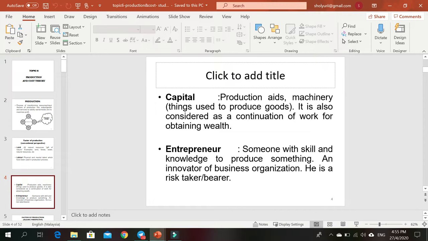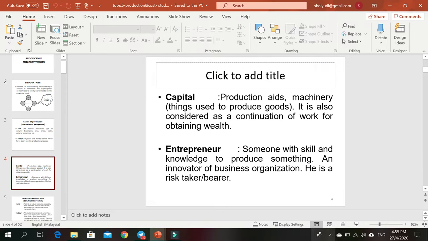Okay, and then last sekali we need to have entrepreneur, somebody who know precisely how to produce goreng pisang, pisang apa nak pakai, nak guna campuran tepung banyak mana, garam banyak mana, telur banyak mana, nak goreng berapa suhunya, and so on. So this is the factors of production.